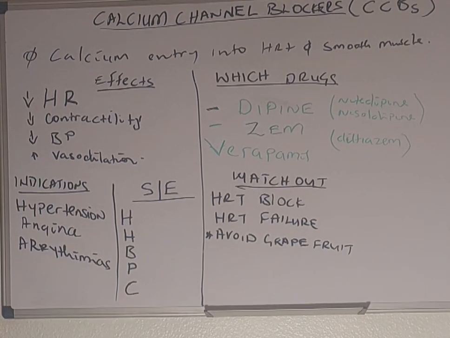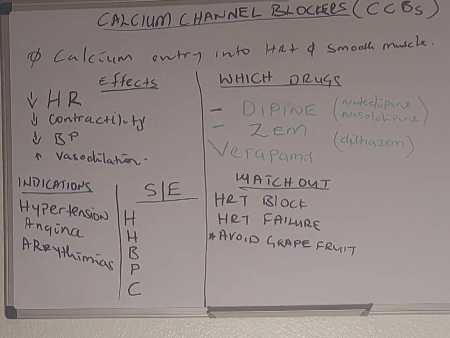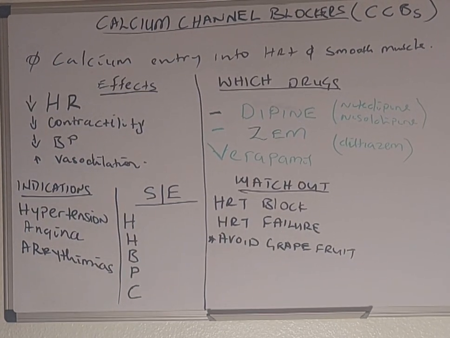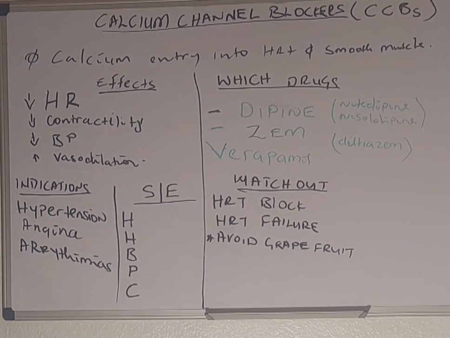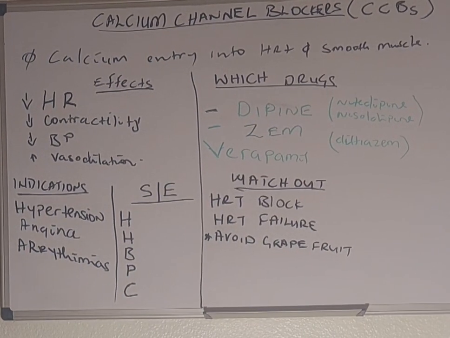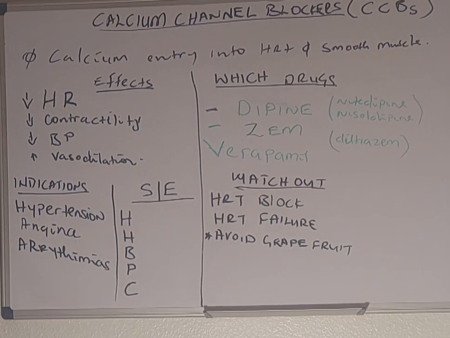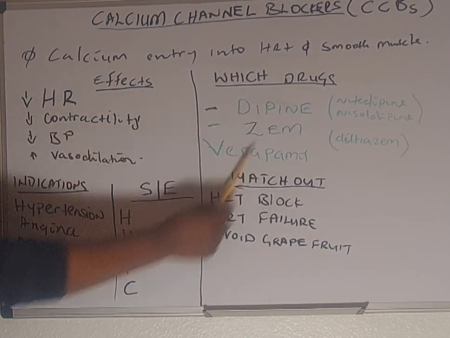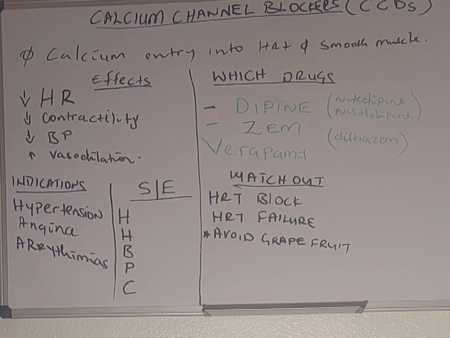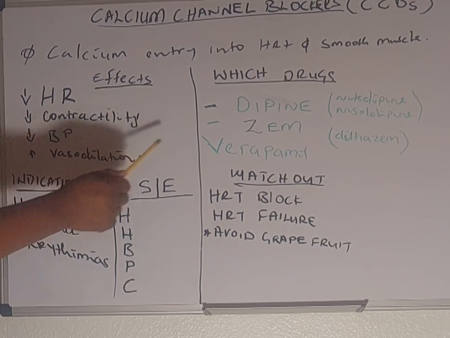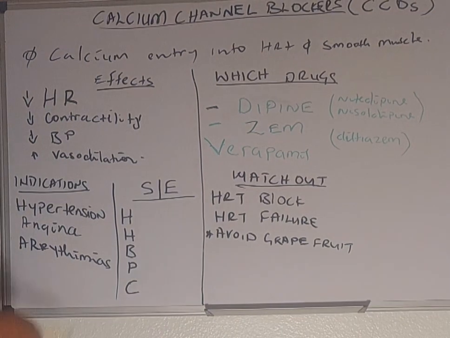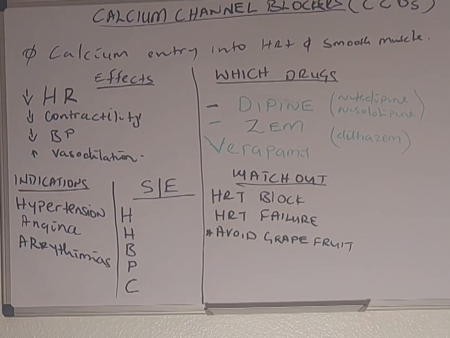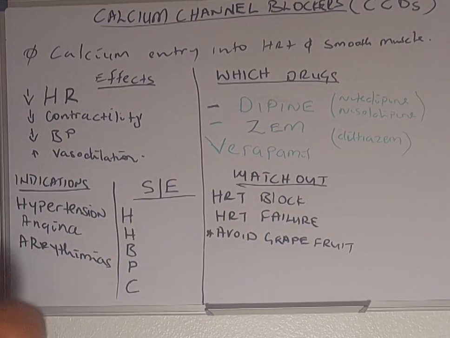So it is very important when you are doing pharmacology to understand drugs not individually but to group them in their class. So which drugs are we talking about? Once you hear about drugs that end with dipine, you just know that these are calcium channel blockers. For example, we have drugs like nifedipine, nisodipine, nicardipine, and the like.